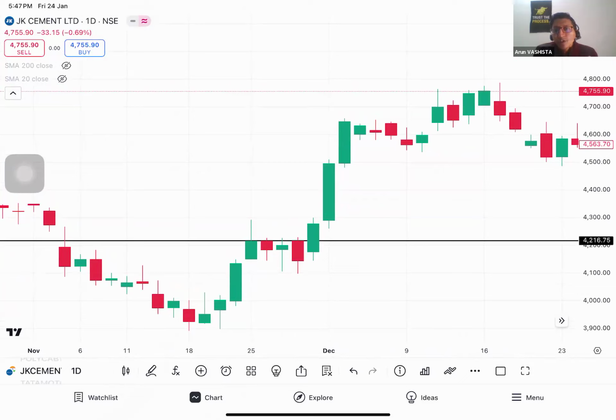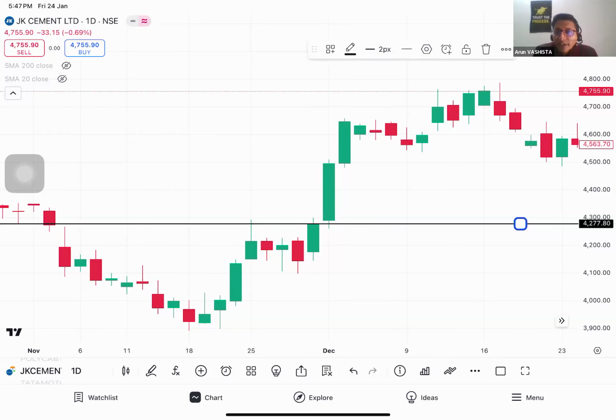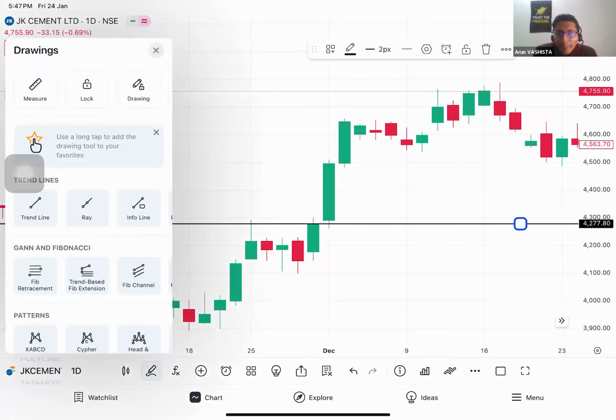Now you see the next day it went up. What percentage, Kiran, did it go? I think it went 5-6%. So this was the entry, right, Arun? Yeah, on 29th I entered the trade.